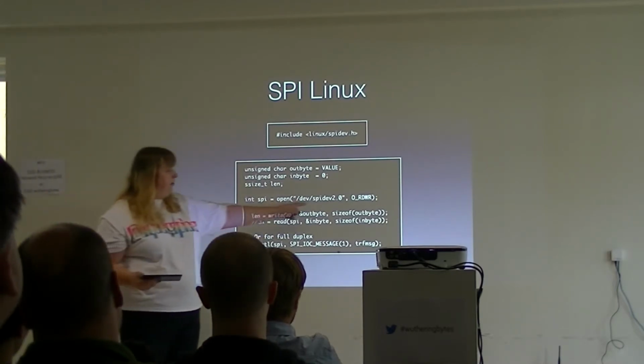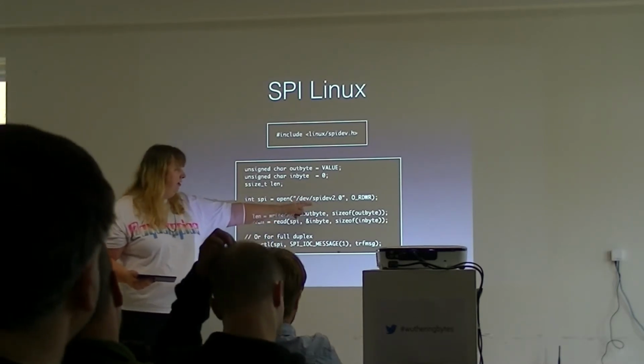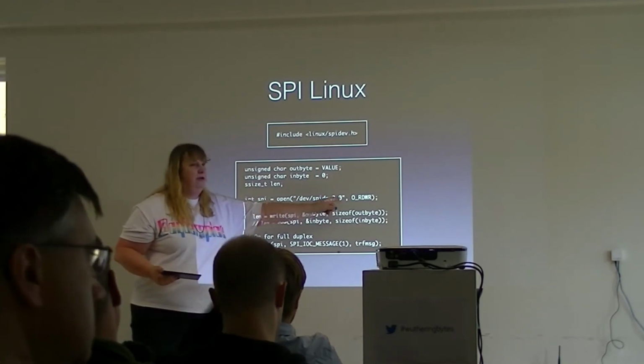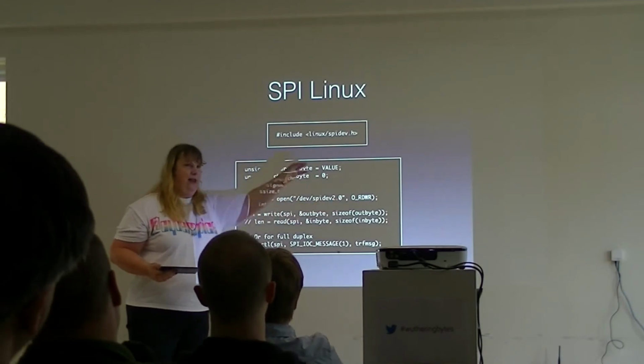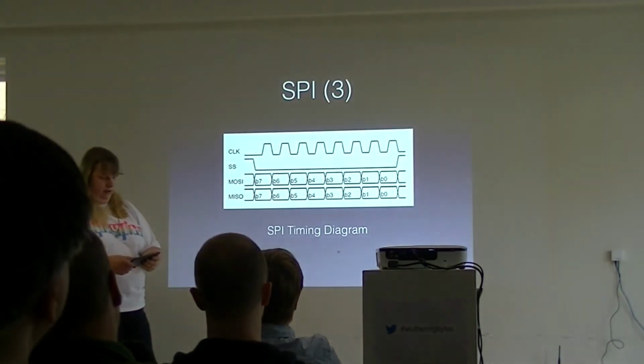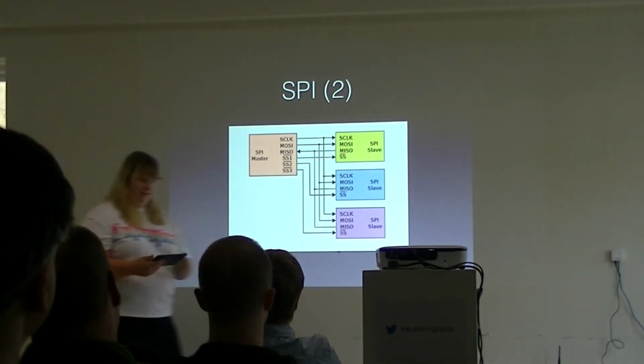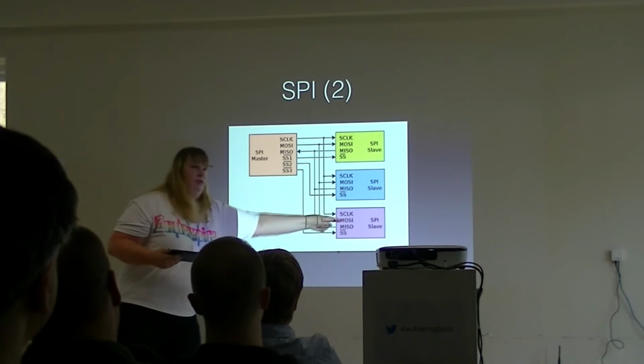We just open our SPI device, master. The .0 is the actual slave device. So .0 will be that one, .1, .2.